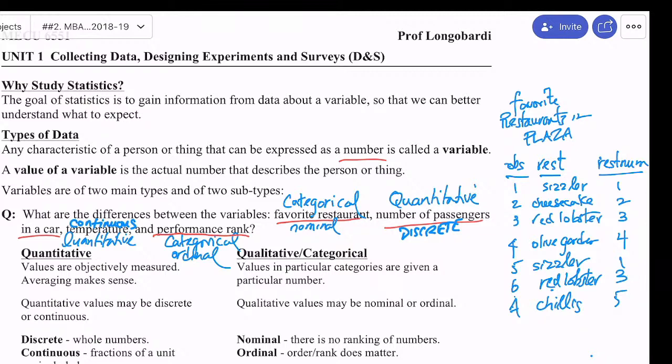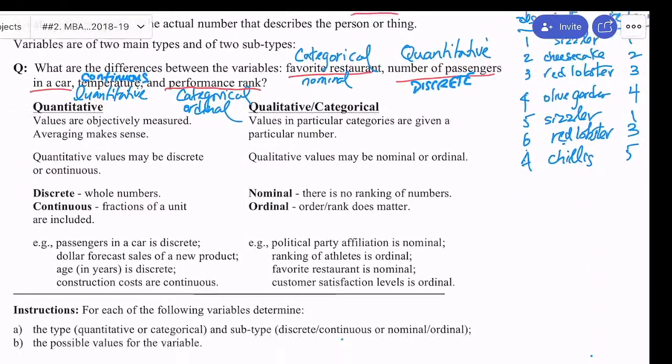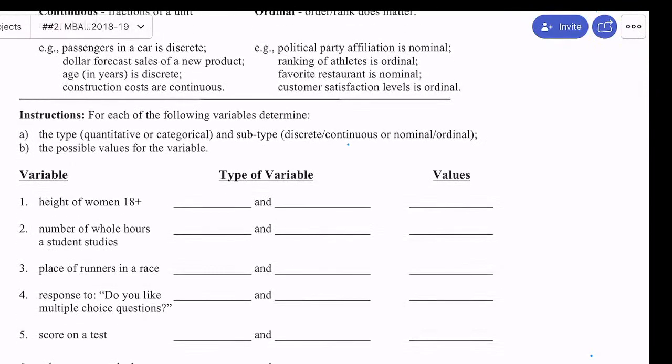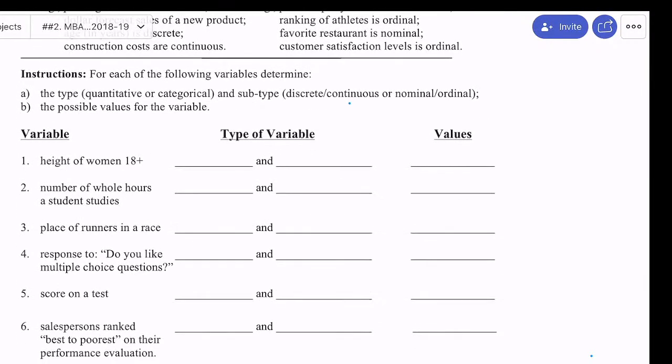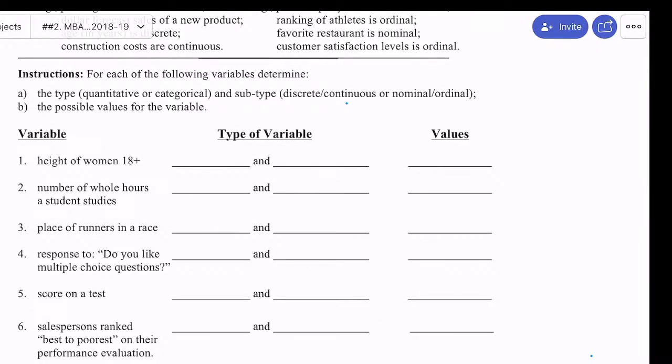All right, so you guys feel like you get this, it's boring, maybe you think you know this. I'm going to give you 5 minutes to try your hand at identifying these variables, their type and their subtype.